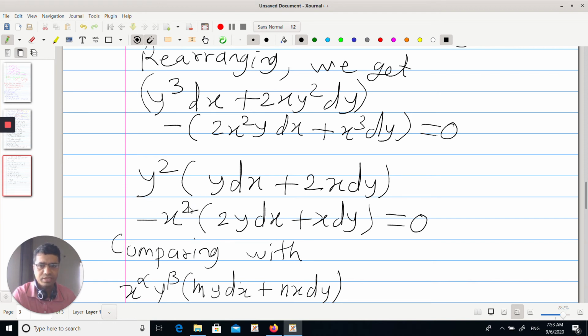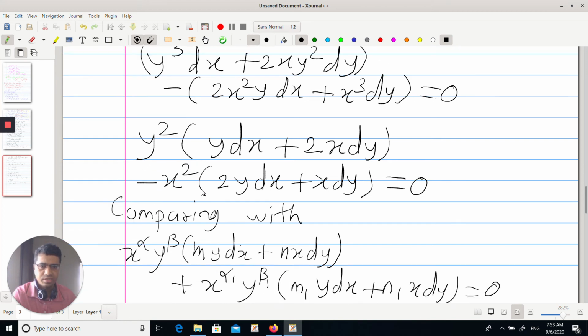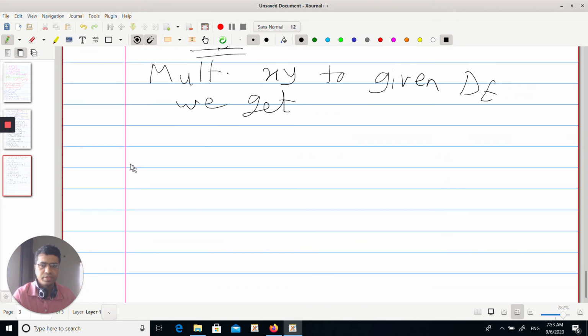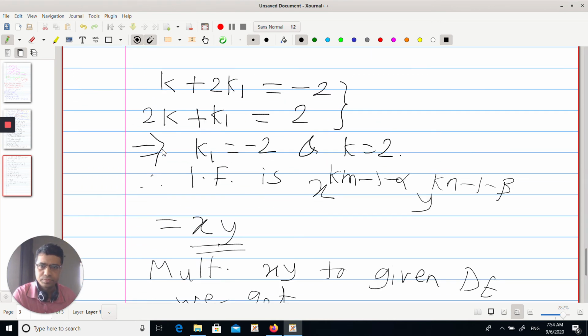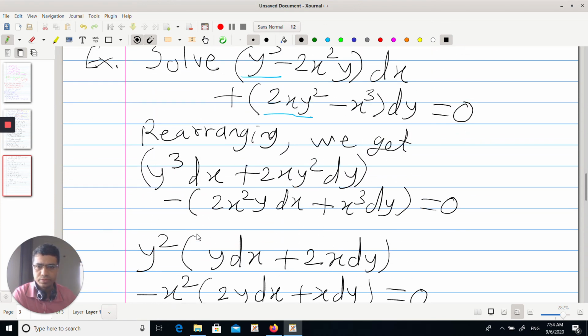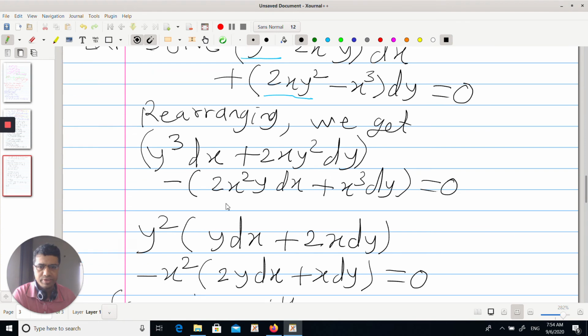We multiply this equation throughout by xy, so it will be x into y cube into y dx plus 2x dy.